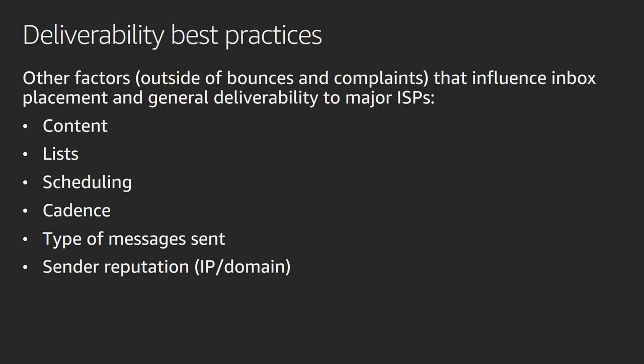Things like content, and what your list is trying to target. Is it a list that you procured, or is it a list that you organically built? Obviously, if it's an organic list, it's better. You know that you have opt-ins for explicitly what you're trying to either sell or service, or however you're trying to interact with your customers.